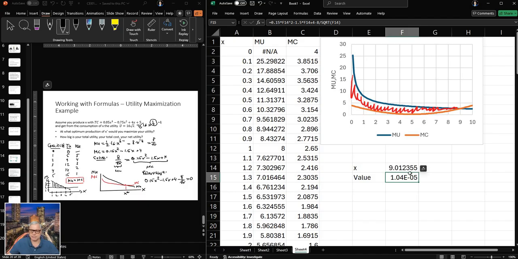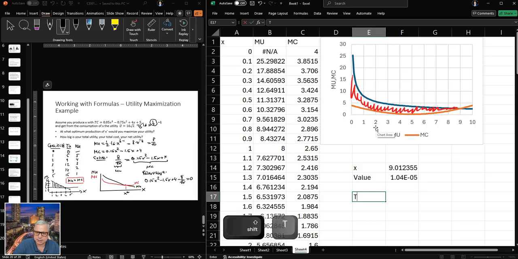If we plug in a value of 9.01, let's just say it's 9, then we can look at the total cost, and we could look at the total utility, and the difference between the total utility and the total cost would actually be this area.